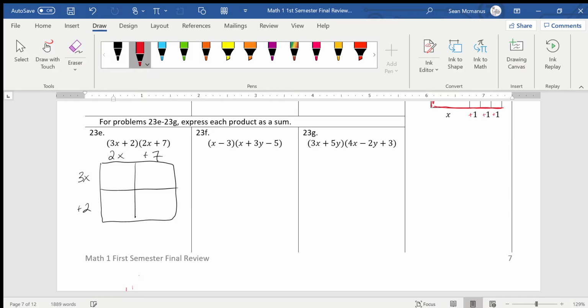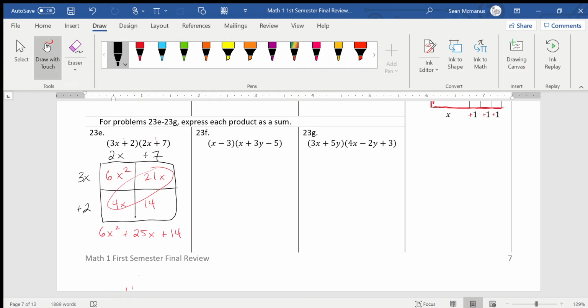And when I fill this thing in here, I'll have 6x squared, 21x, 4x, and 14, and they're all positives because I have two plus signs in there. So 6x squared plus these two together plus 14.